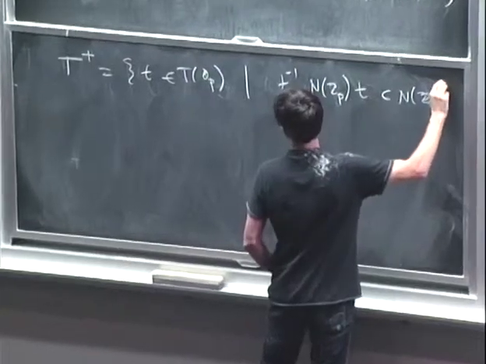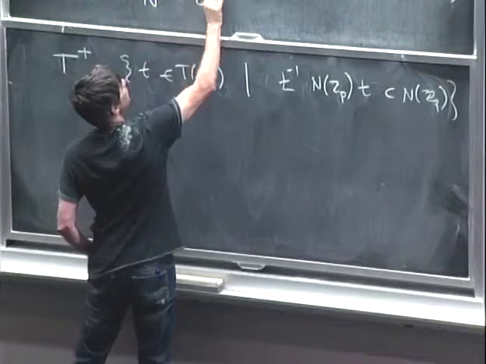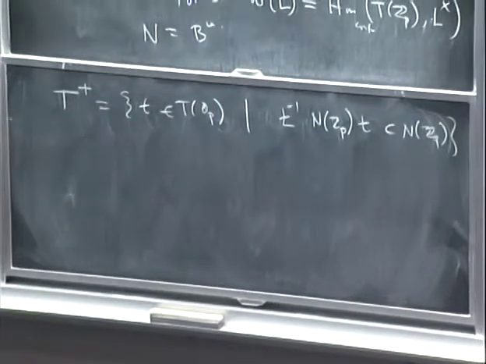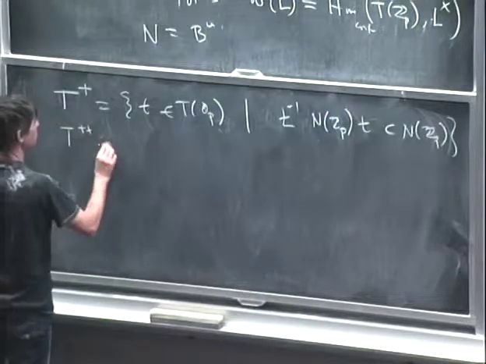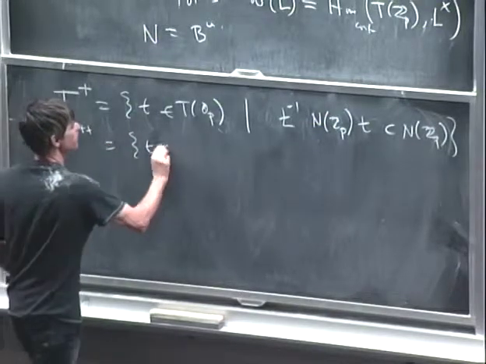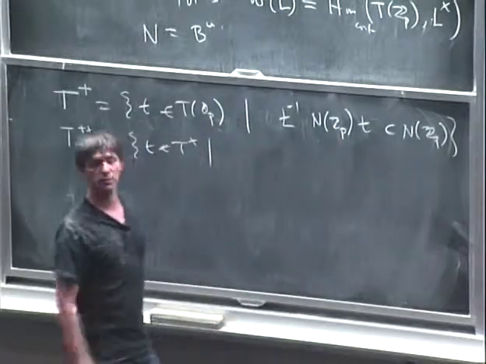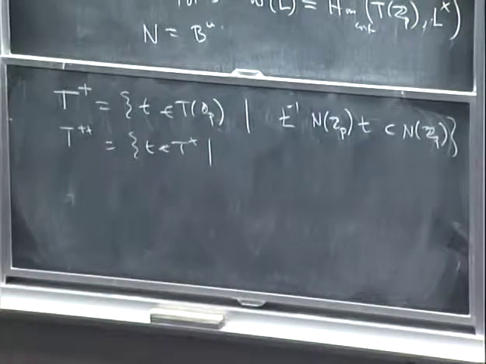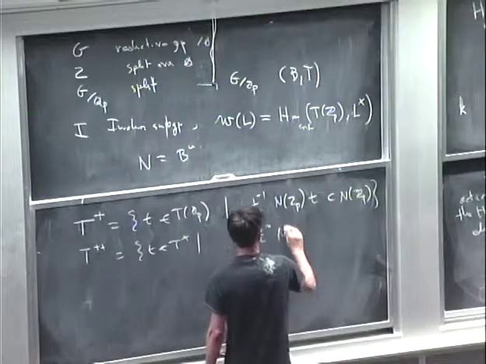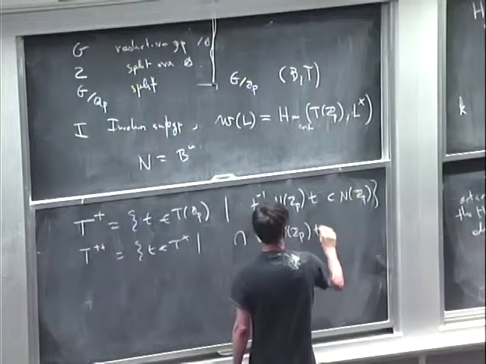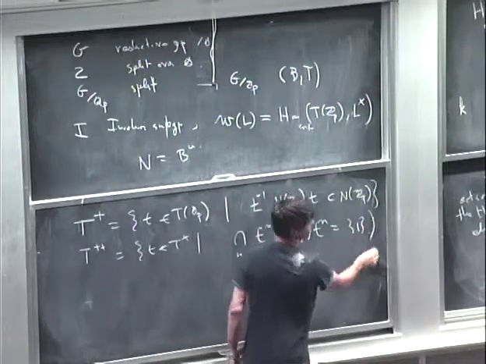So N is just the unipotent radical of U. And one also denotes T^{++} the elements in T^+ that contract completely this unipotent radical, which means that the intersection of t^{-n} N(Z_p) t^n is just reduced to 1.